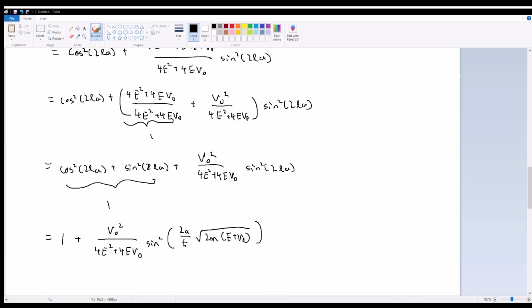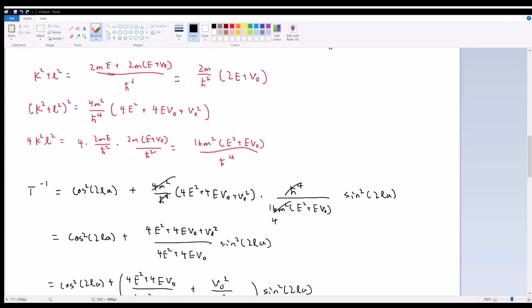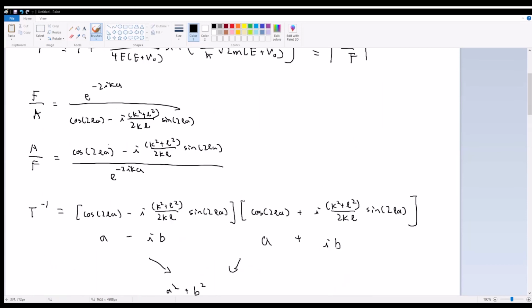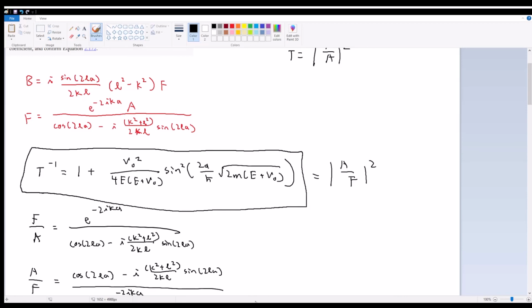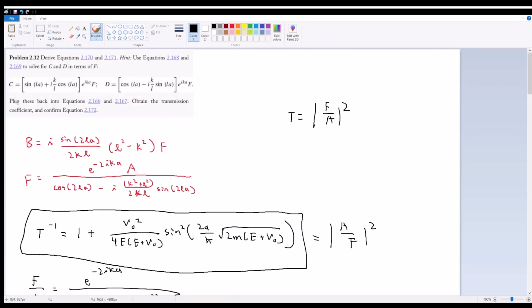T inverse is 1 plus V naught squared over 4E(E plus V naught) sine squared 2a over h bar square root of 2m(E plus V naught), yeah. So if we look back up at what we're supposed to get, which is this right here, our expressions do indeed match. Therefore, we have proven the transmission coefficient, and with that, we are done with 2.32.